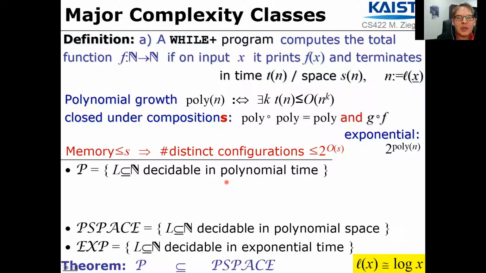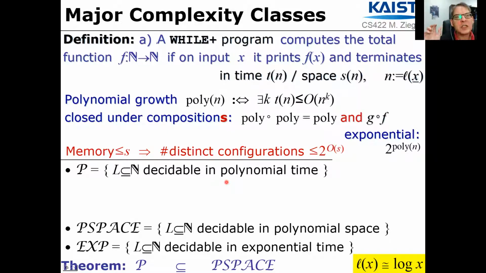memory, remember memory means the largest binary length of any of the variables, then it must have at most 2 to the O of S distinct configurations, where a configuration is a kind of snapshot of a while plus program in its execution.